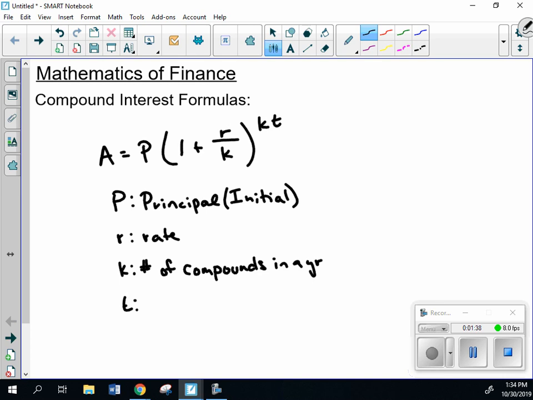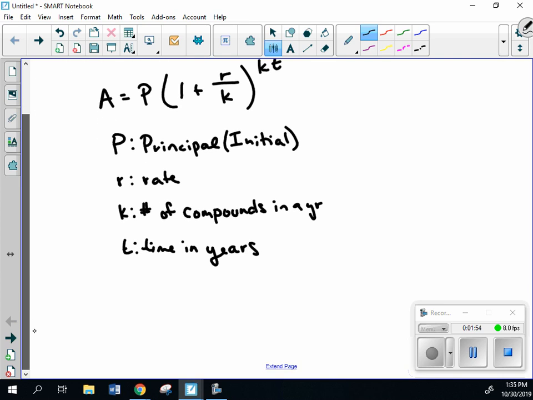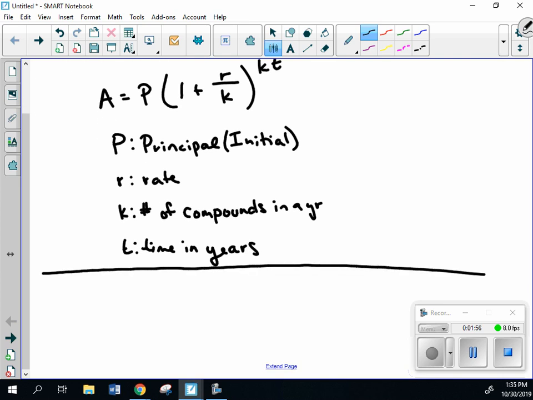And T is time in years. So again, this one is if you're compounding several times in a year. So for instance, if I'm compounding monthly, my K would be 12. If I'm compounding quarterly, it would be 4. Just depends on those different things.